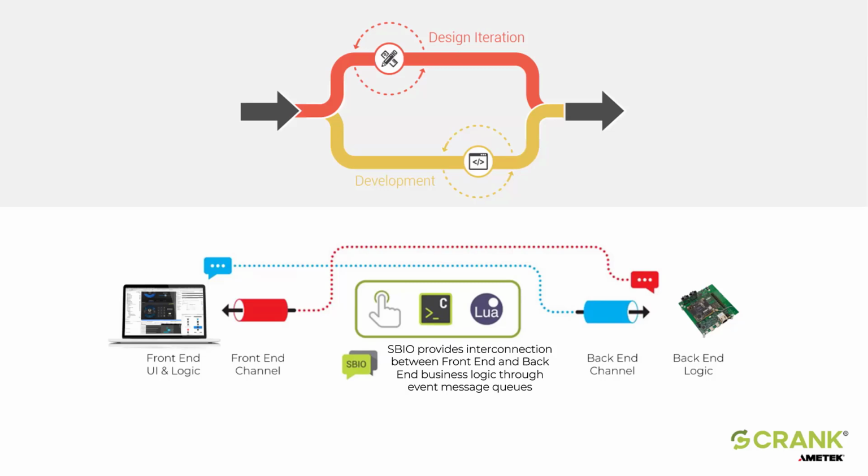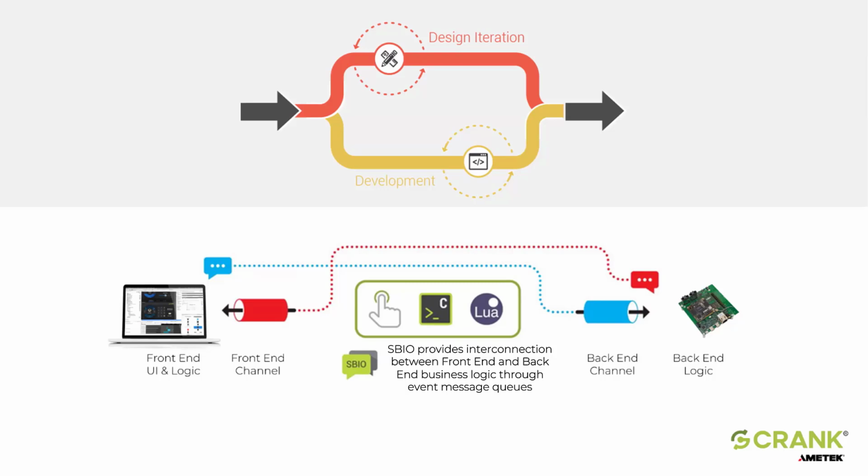In between those, we have a very flexible framework called Storyboard IO. It's an event mechanism, with payloads if you require, passing backwards and forwards between the front end UI and the back end. And this is how things happen.